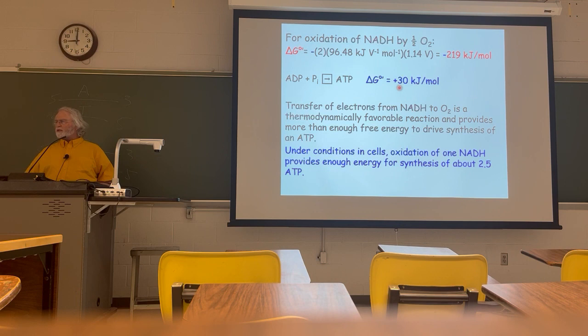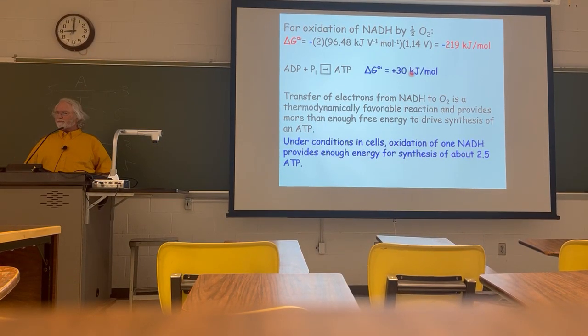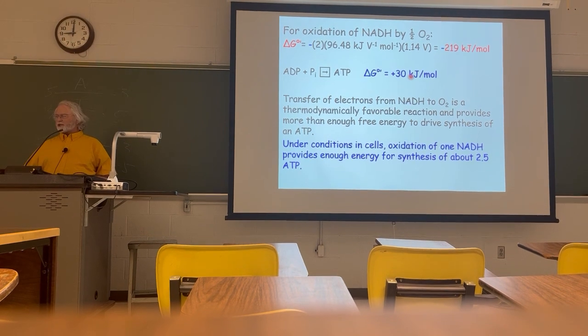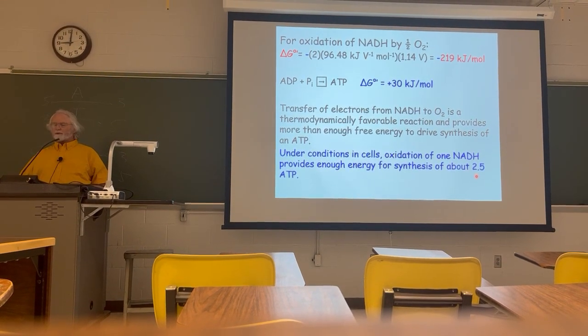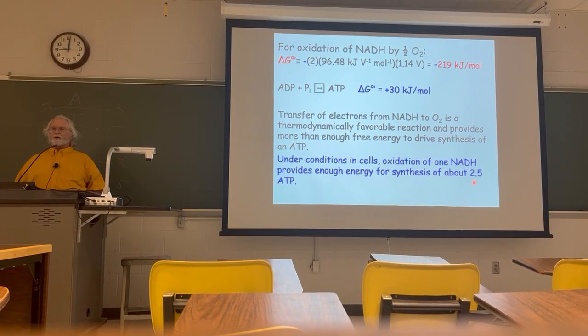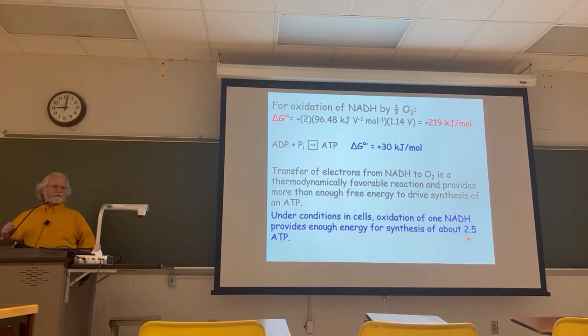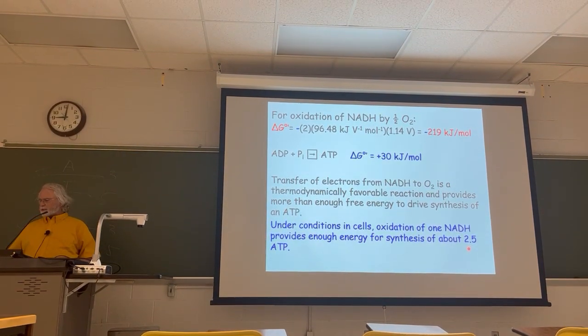And you can see then that by oxidizing NADH, we get plenty of free energy for making ATP molecules. Under the conditions in a cell, as I mentioned, that's enough energy for about 2.5 ATPs from each NADH. So oxidizing 1 NADH provides about enough free energy for 2.5 ATPs.